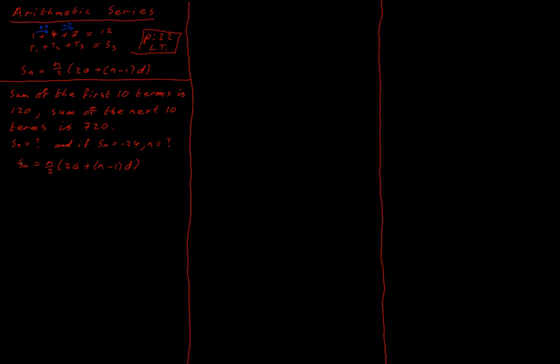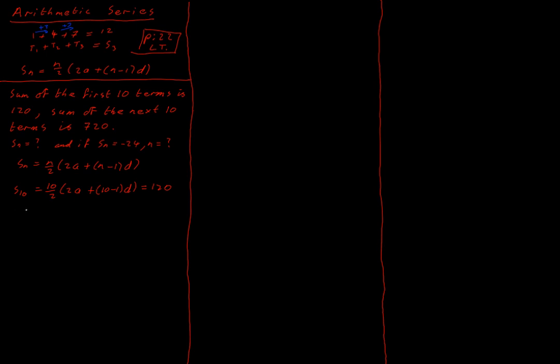And I'm told about S of 10. The sum of the first 10 terms would be S of 10. So I sub in n is 10. I'm told that that's 120.